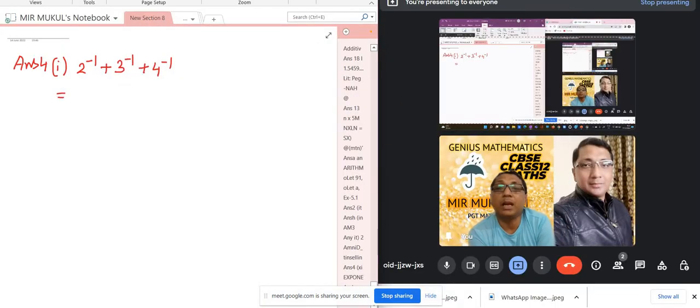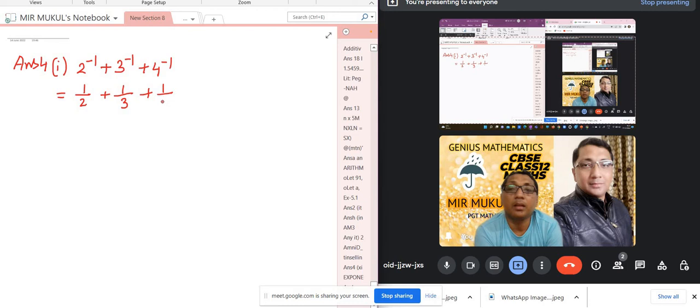So we know that from the power, if you remove the negative sign, then we have to put 1 by 2. From here, if you remove it, then 1 by 3. From here, if you remove it, then 1 by 4. Got my point? After that, if you want to add, either you can take the LCM or do it like this. 2 into 3, how much? 6.